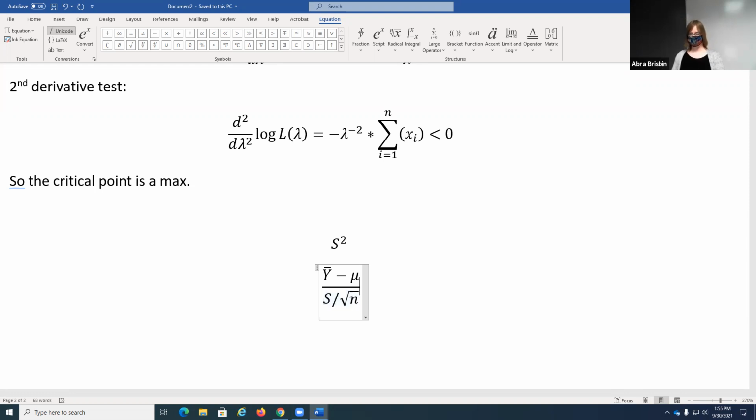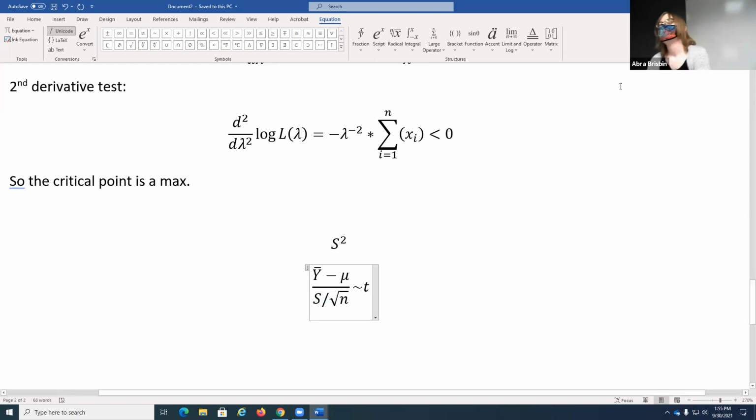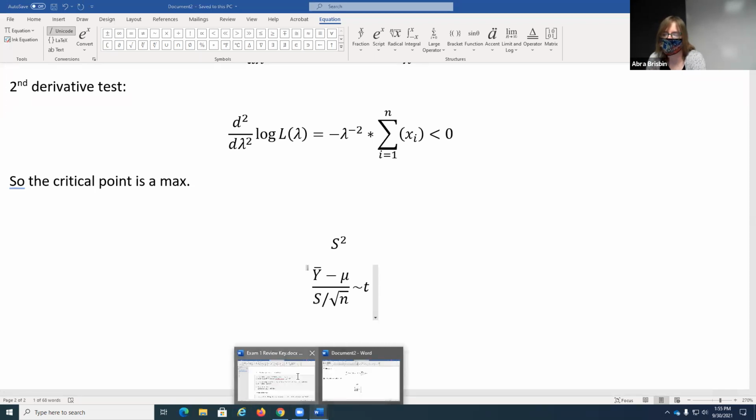That would be a T distribution. So if it were just S, the sample standard deviation, then we would be looking to make it into a t-distribution. But that doesn't quite fit with what we have in this problem.